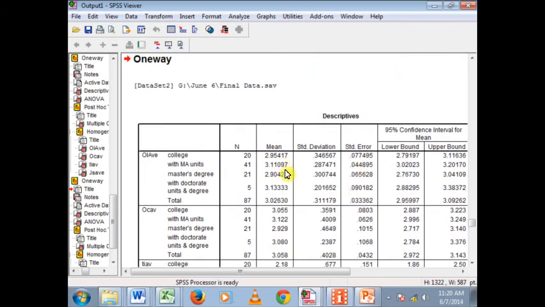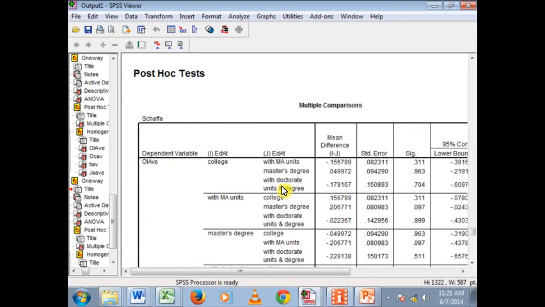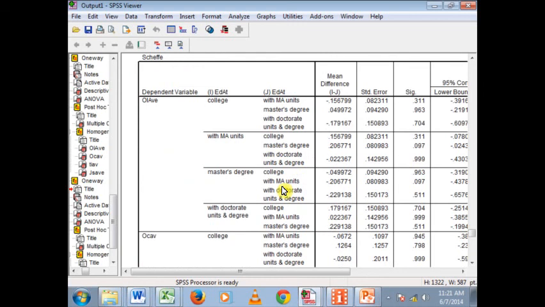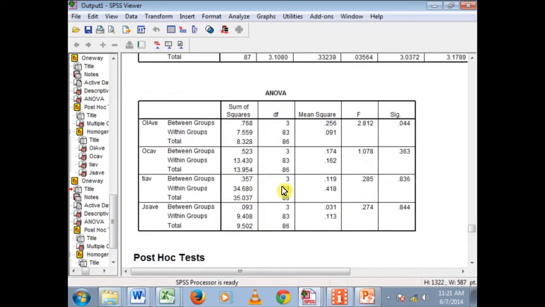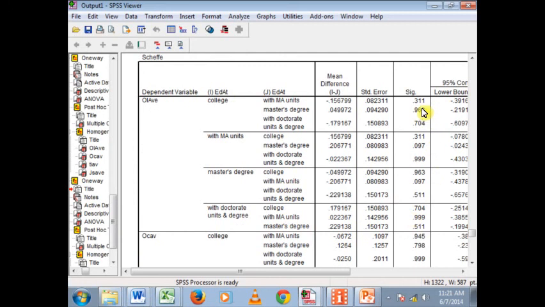The highest mean goes to the ones with the doctorate units and the doctorate degree. So let us see that in the post hoc when we talk about organizational identity. Is there any? It is not really perceived here.